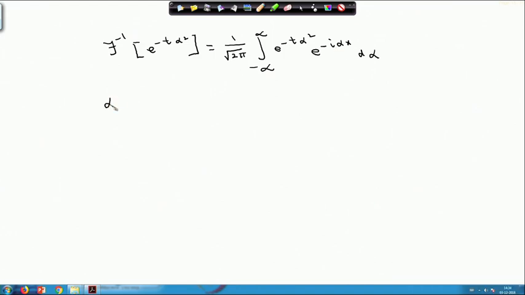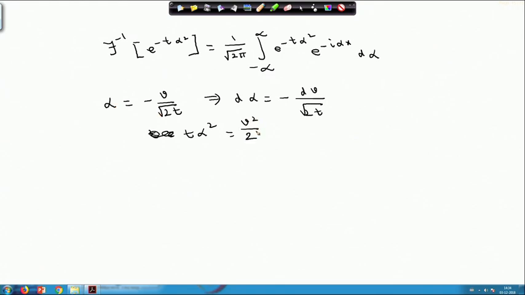Now say alpha equals minus v by root over 2t, which gives your d alpha equals minus dv by root over twice t. Here t into alpha square is v square by 2.